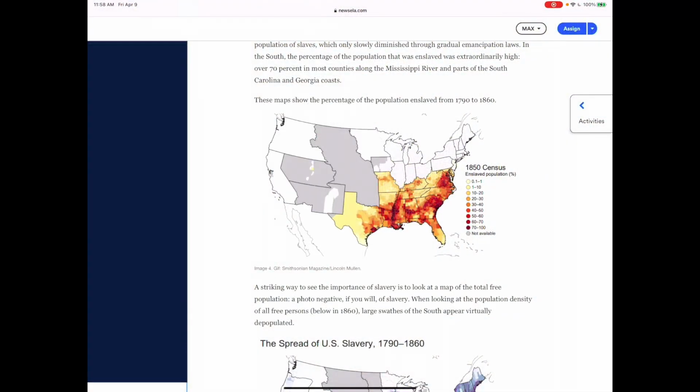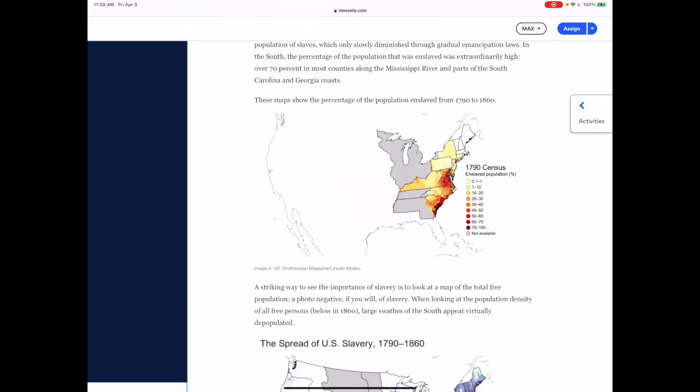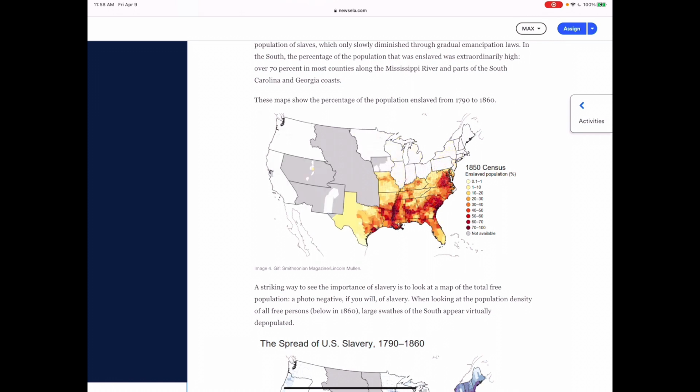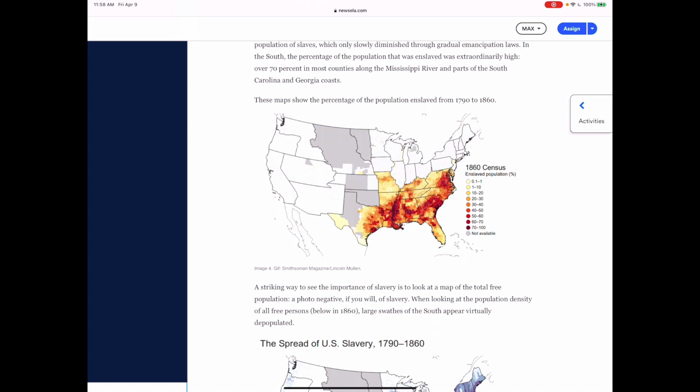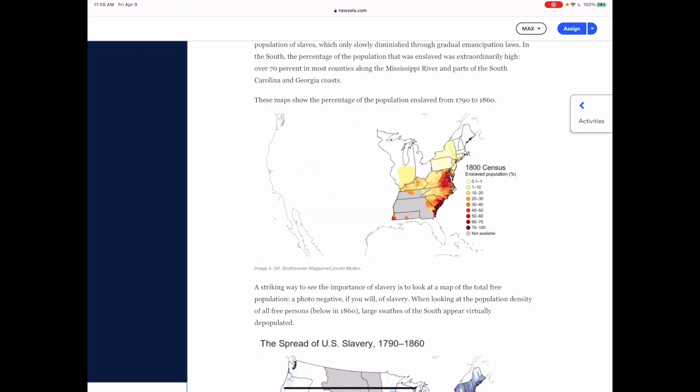I think before we start talking about Nat Turner in specifics, we should take a look at the institution of slavery. This first map that I'm going to show you is an animated map that shows you the percentage of the enslaved population from 1790 to 1860.